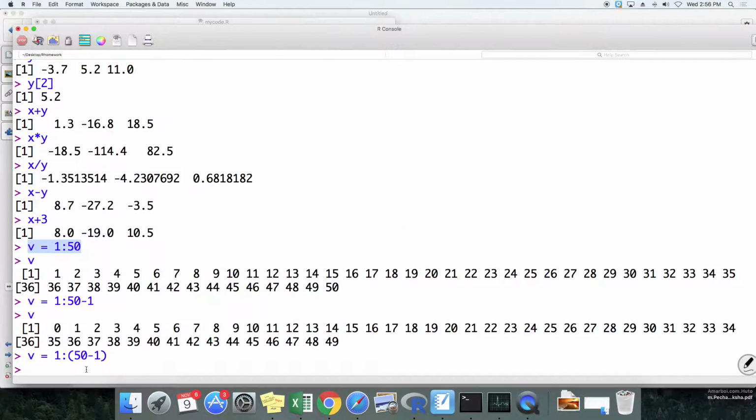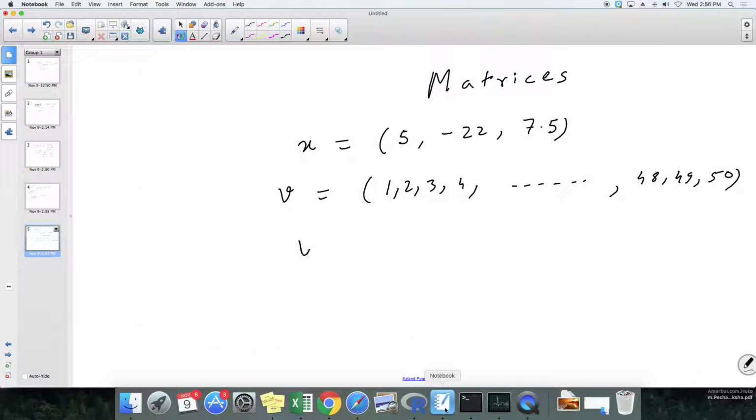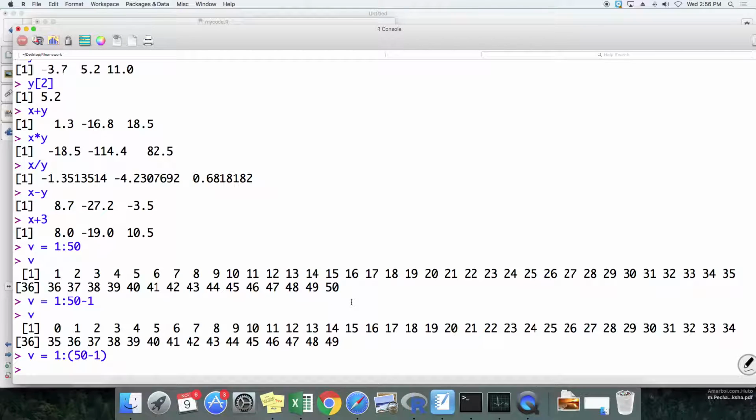Next, suppose you want v to be the vector 5, 5, 5, 5. So 5 repeated 4 times. Then you can simply write v equal to rep, for repeat, 5 comma 4.